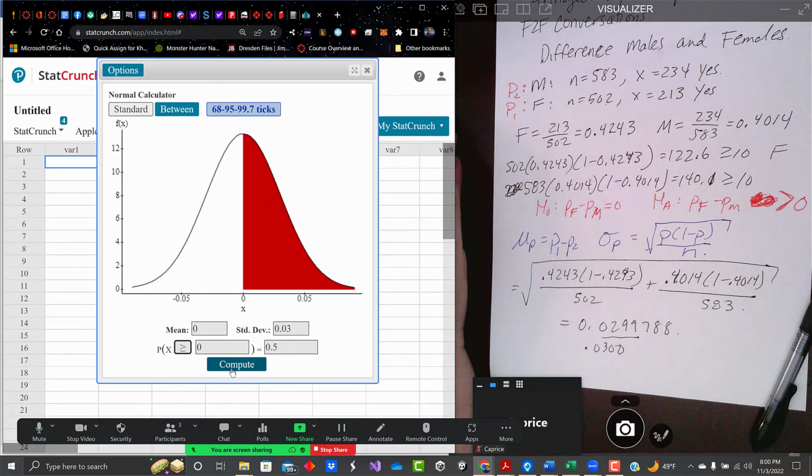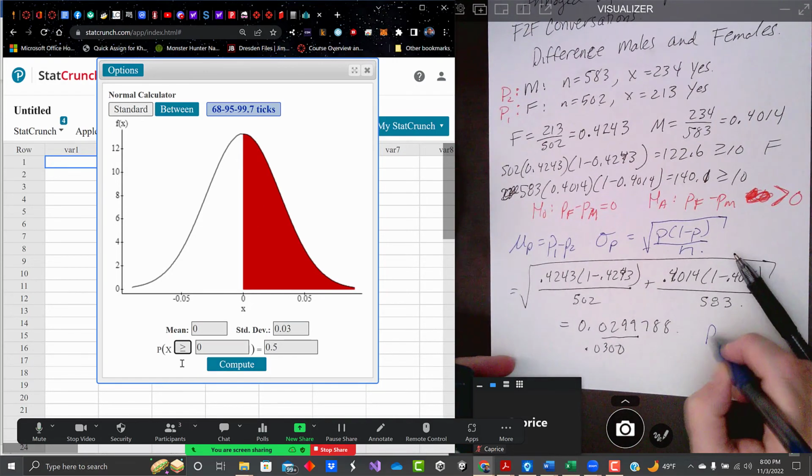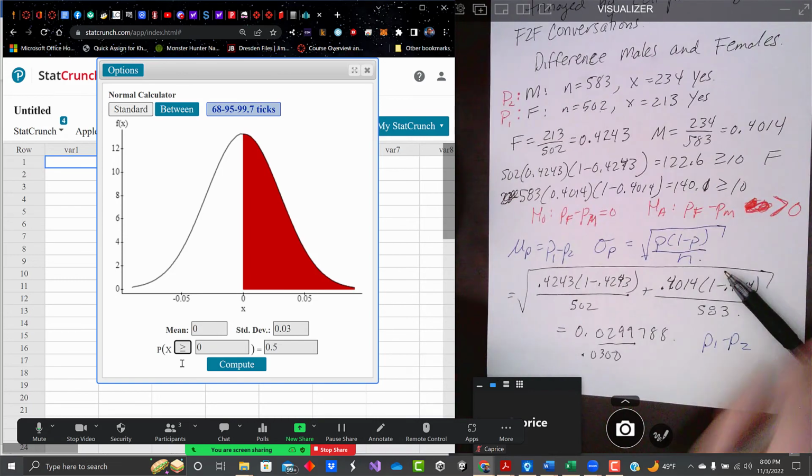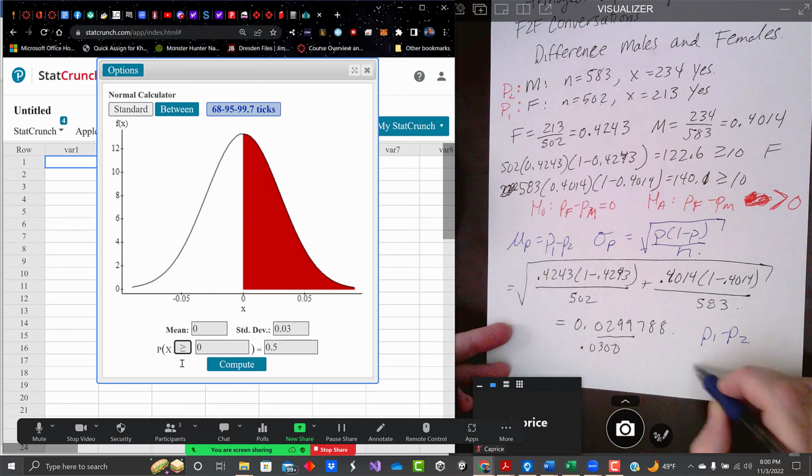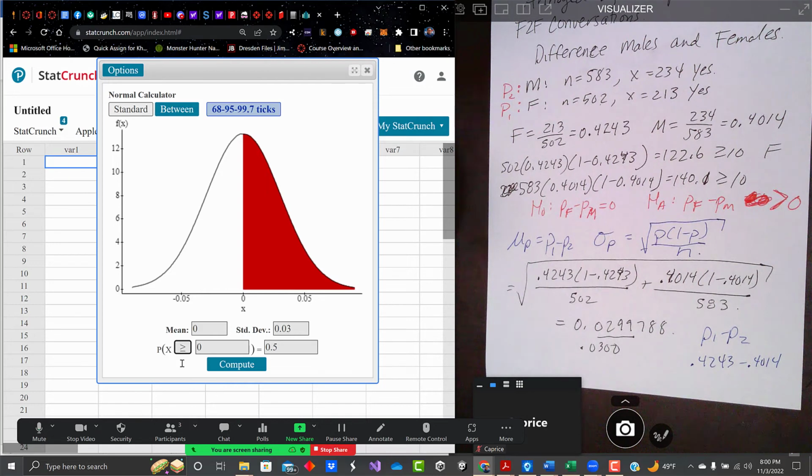Oh, we have our P1 minus P2 in our problem. If we actually calculate it, it's 0.4243 minus 0.4014. That's what goes here.